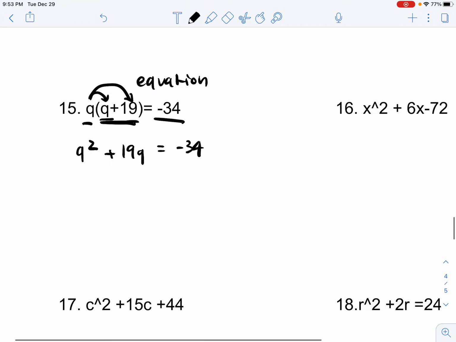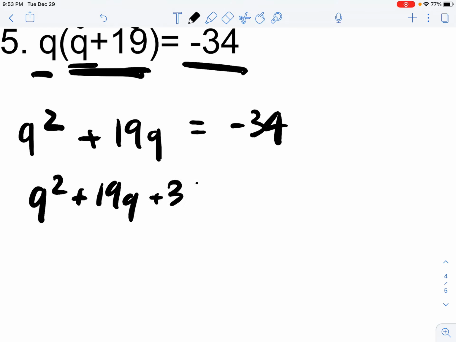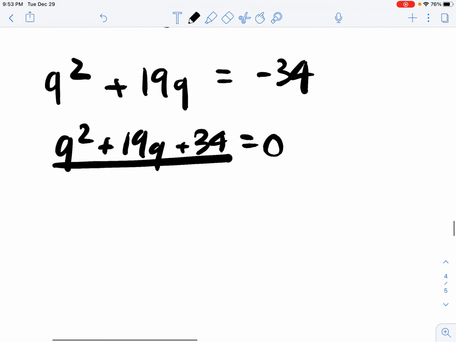Well, now, what you always want to do when you have this situation is to leave one side at 0. So for instance, q squared plus 19q, and in this case, plus 34. And leave it at 0 so we can factor this out.